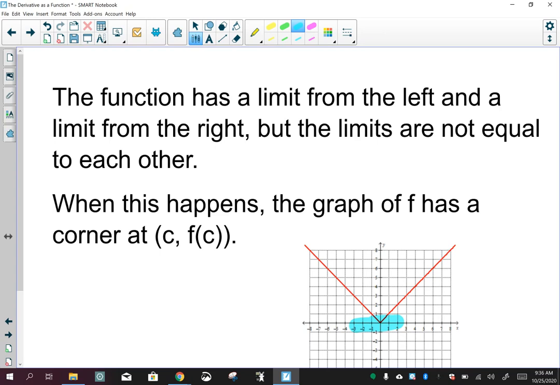If you notice that I'm coming down, and then I get to 0, 0, and then I am turning and going forward. So when I'm doing this piece here, I have this very sharp turn right here, and you can't have that. When you're looking for the derivative, you have to be continuous. It has to be a smooth curve. Well, this is continuous, but this is not a smooth curve. This is a point, and you can't have a point. It's basically two lines meeting at one point is what this is saying.